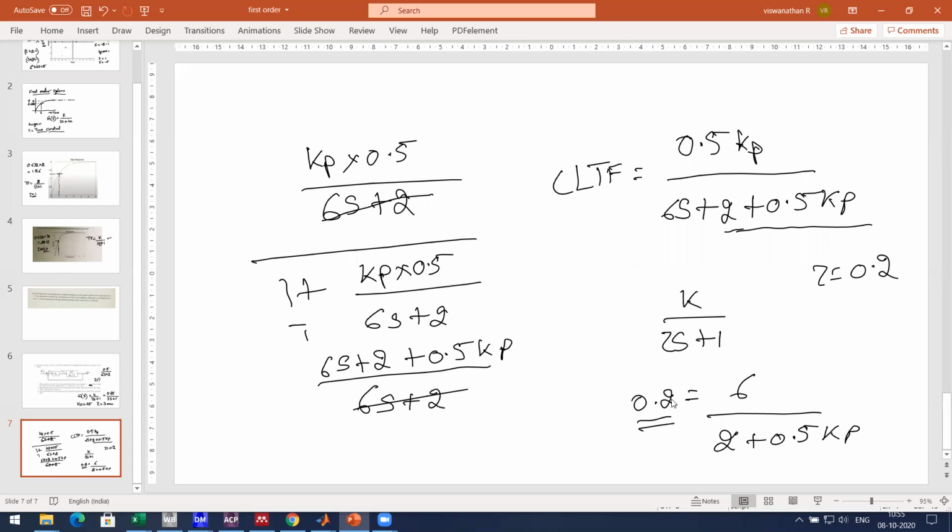Okay, so now find kp. See, it must be of the form tau s plus 1. So how do you make this term 1? Divide by that term, 2 plus 0.5 times kp. And there is 6 here, so 6 divided by 2 plus 0.5 times kp should be equal to the time constant. Correct?